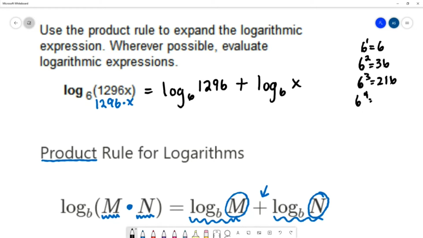And 6 times 6 times 6 times 6 is 1296. So that is the number that's inside the log. And so that means that log base 6 of 1296 is 4. And we've now simplified or evaluated that logarithmic expression. And we get an answer of 4 plus log base 6 of x.